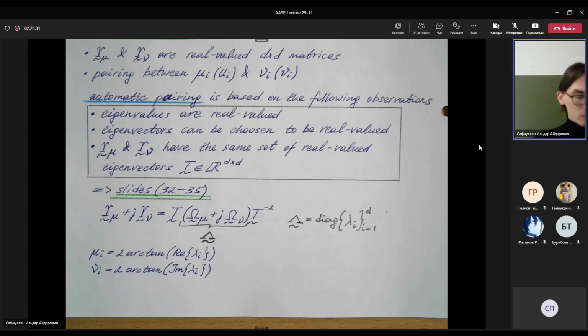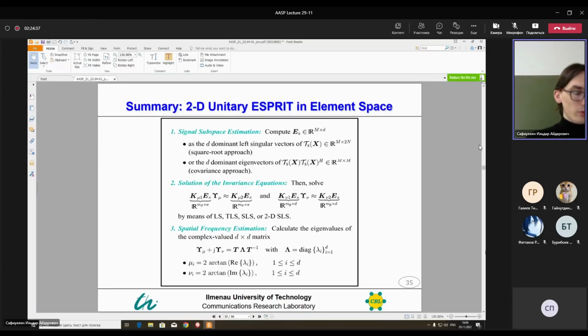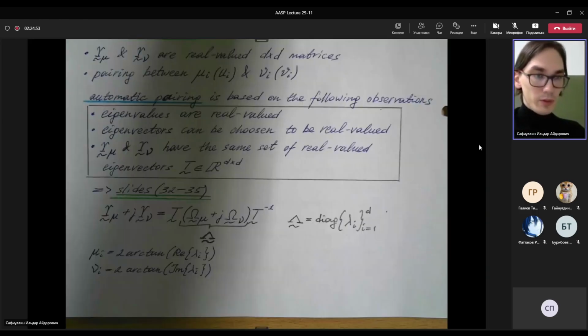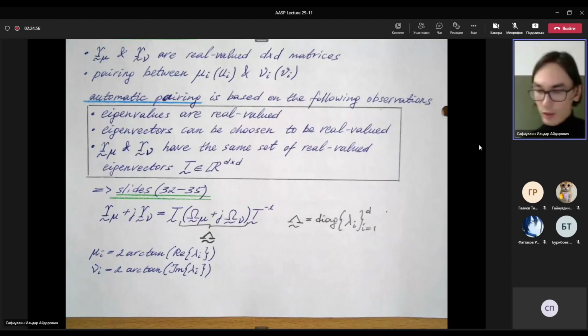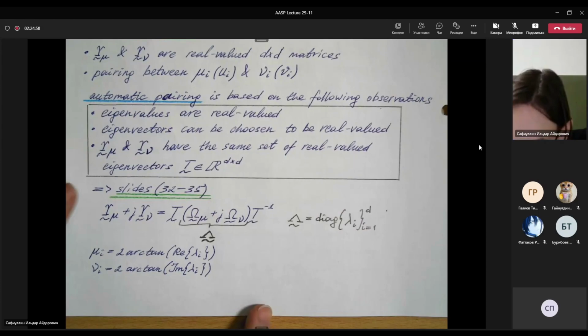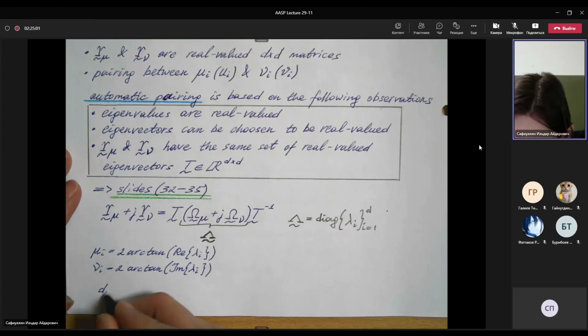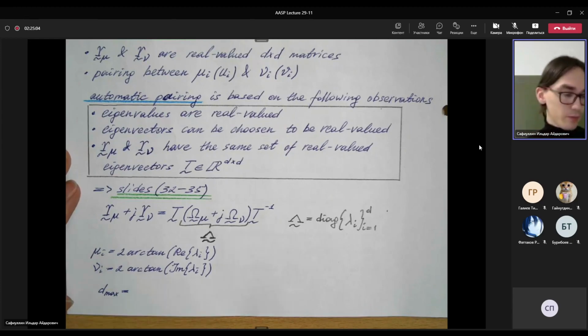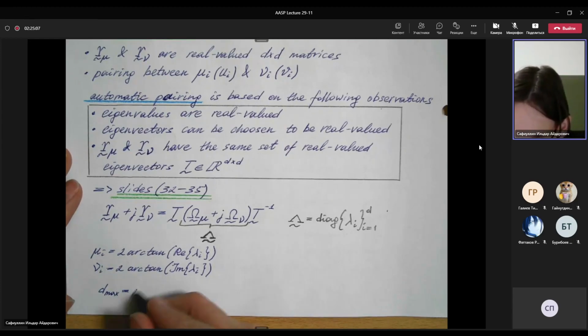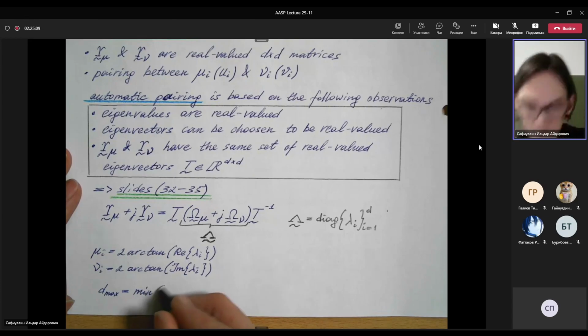And here let's write. So the number of sources. Let's switch here. So here, d max is equal to the minimum value between three values.